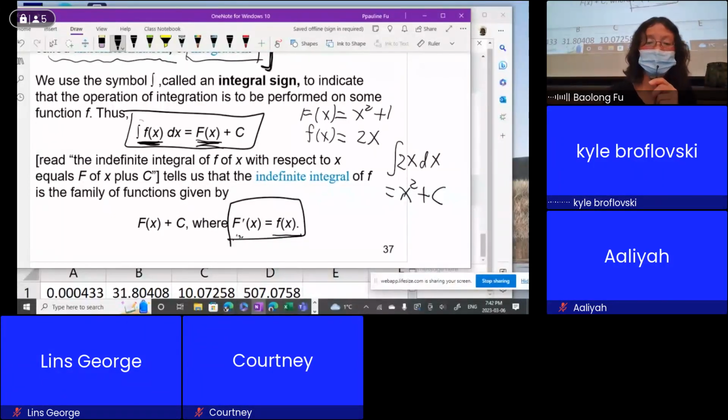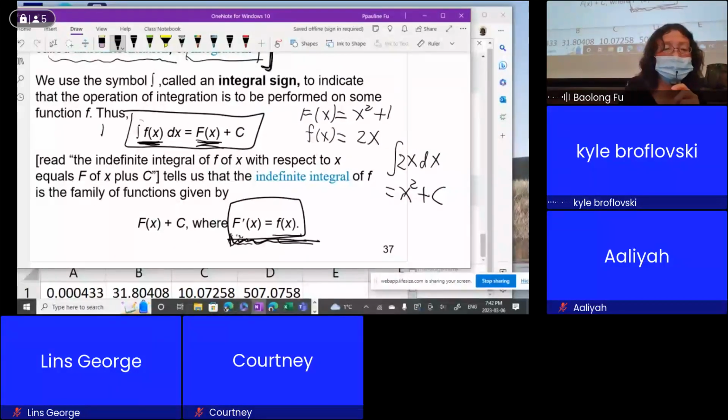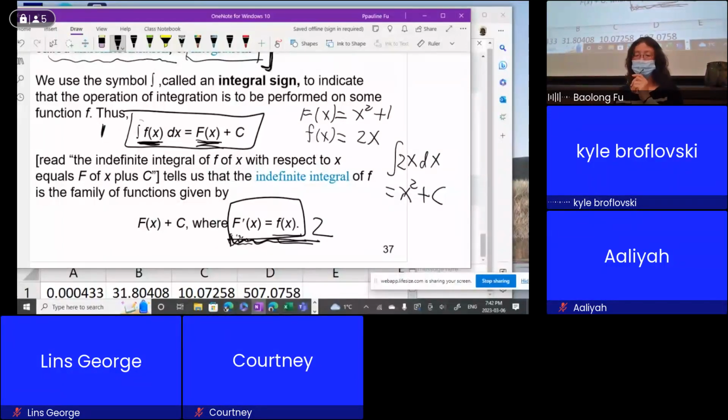These are two formats showing the relationship between capital F and small f. Capital F has a name: the antiderivative of small letter f.